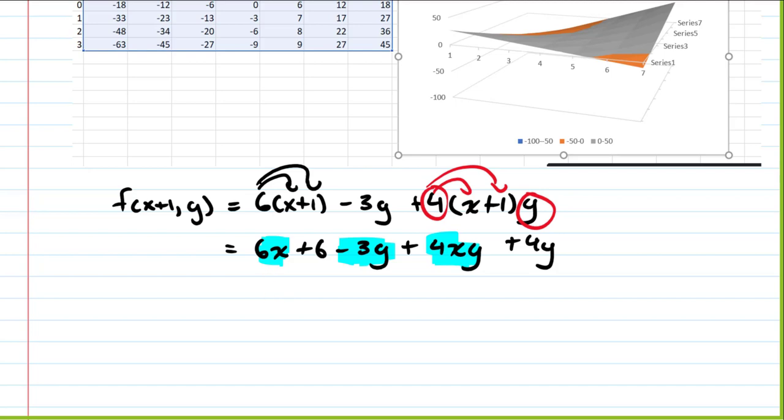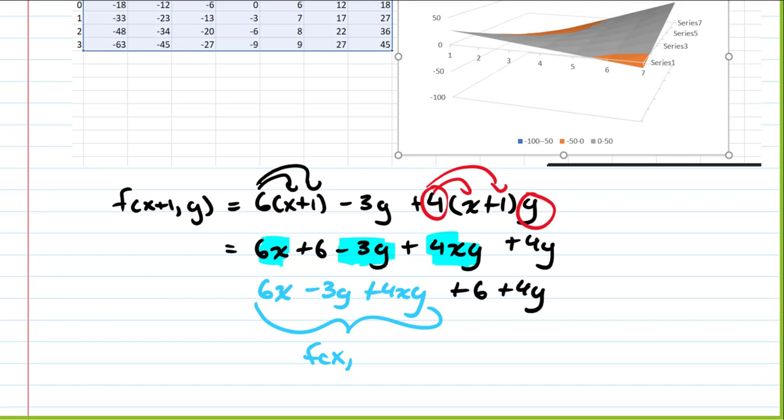Let me write it out explicitly. So 6x minus 3y plus 4xy, and then we have a little bit more left over: we have a 6 plus 4y. So this is our original f of x, y plus 6 plus 4y.